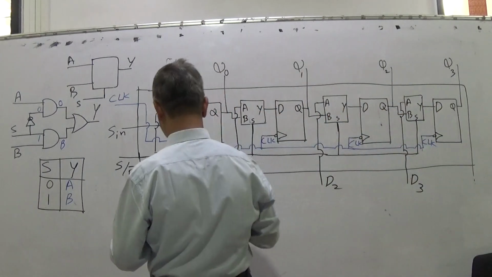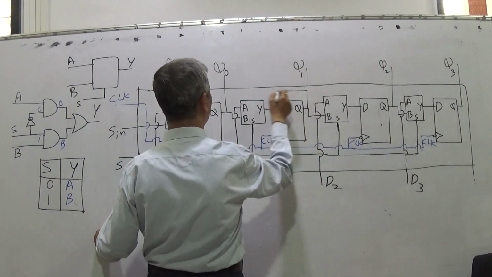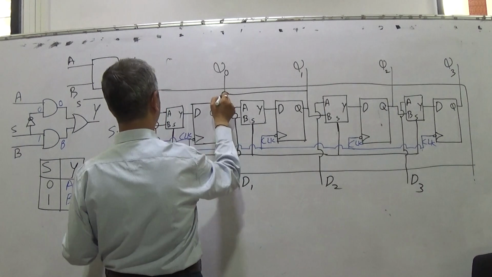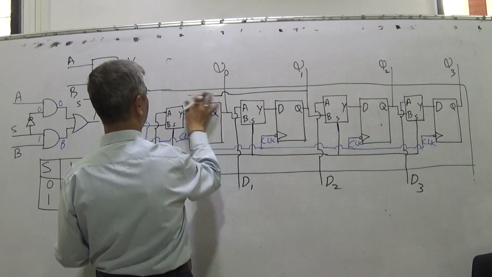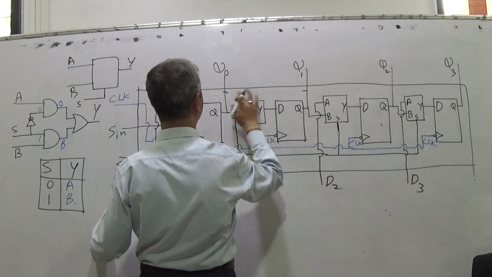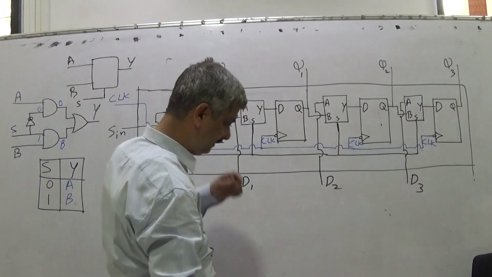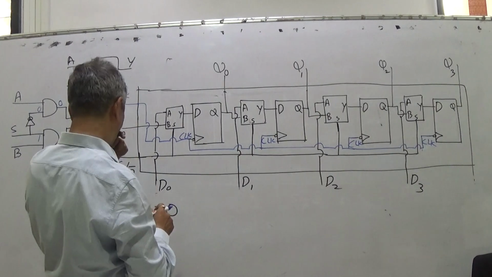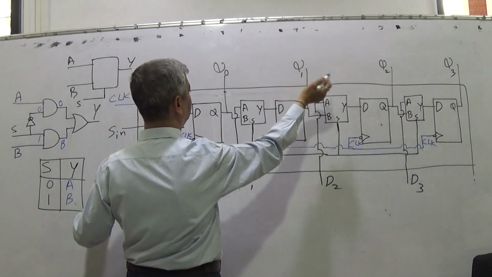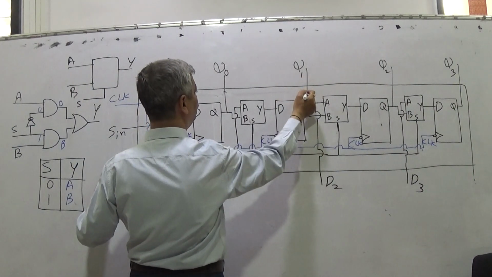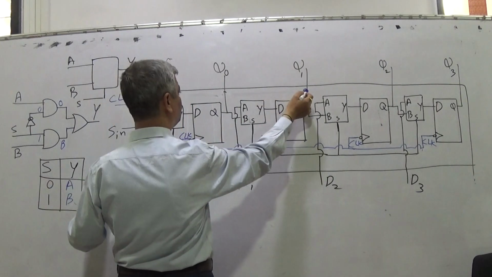You just make a small connection from Q1, or since it is too bulky, I am using a blue connection, and I am just showing it like this.